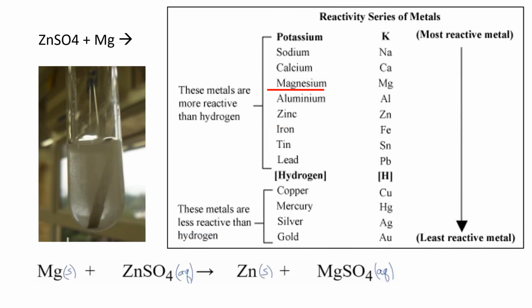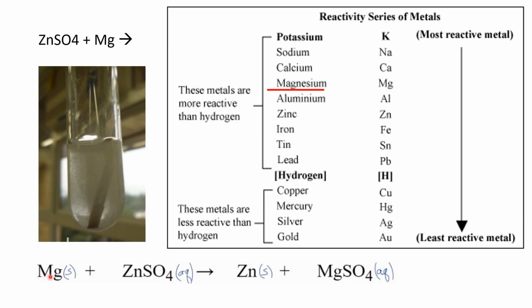The next reaction, displacement reaction, involved zinc sulfate, which is a colorless solution, and magnesium ribbon. Okay, so this is our observation, the appearance of a grayish precipitate. So what else do we observe? The magnesium ribbon starts to dissolve because it is consumed in the reaction because it becomes magnesium sulfate.